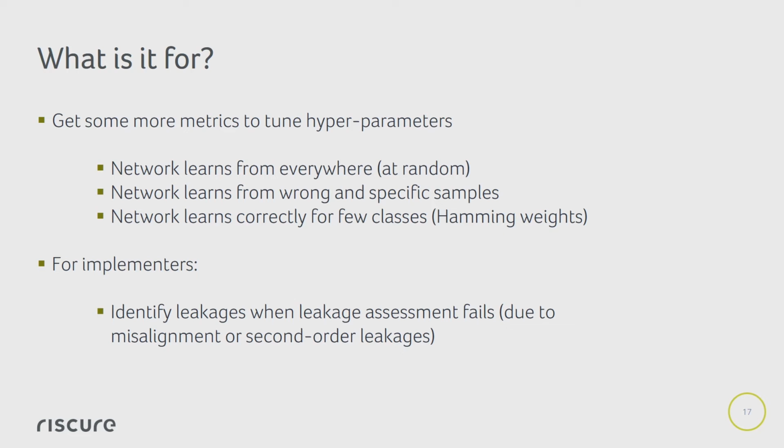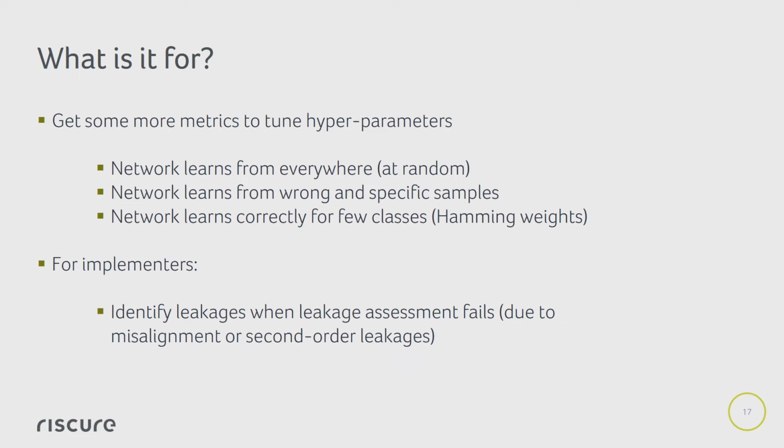So I would say these are important metrics to understand where the network is learning in the traces. If you are an implementer, let's say my mask is processed at this point, I want to understand if a network would be able to learn this mask.